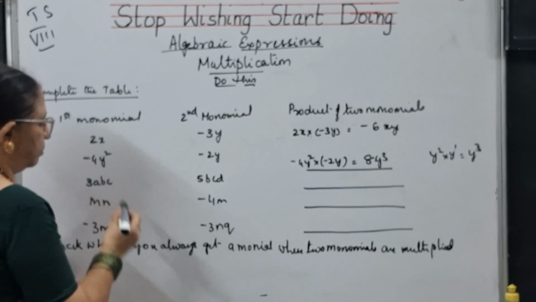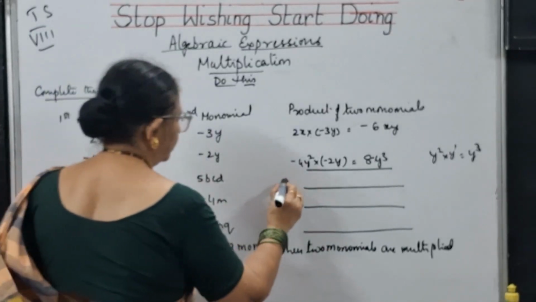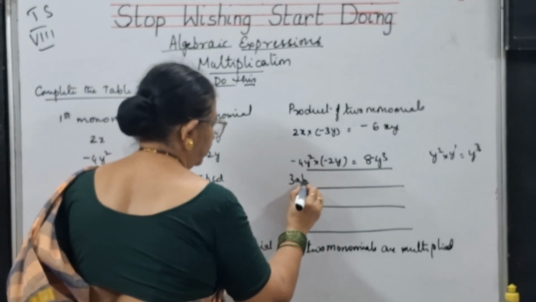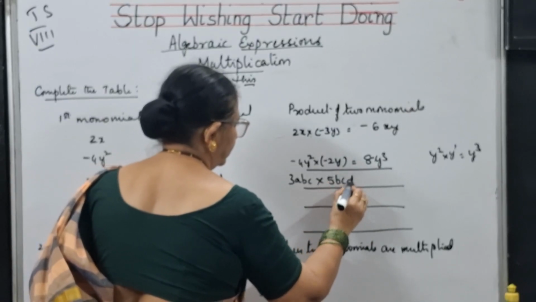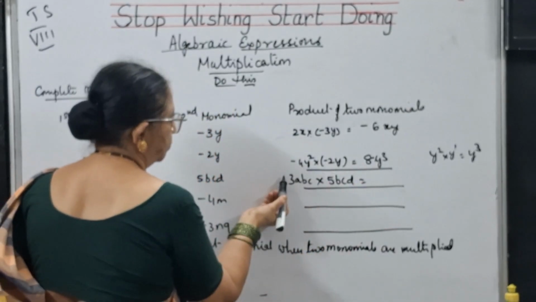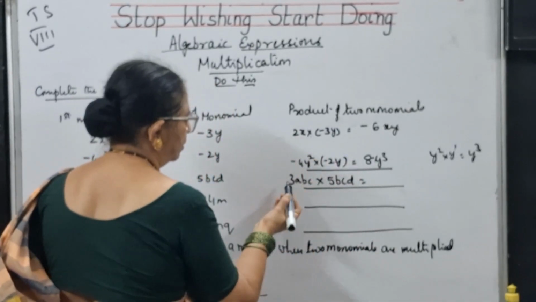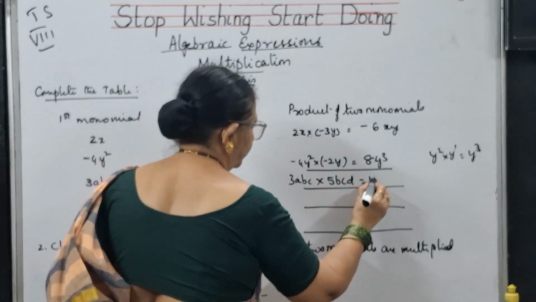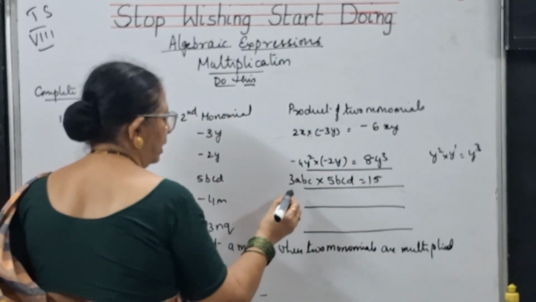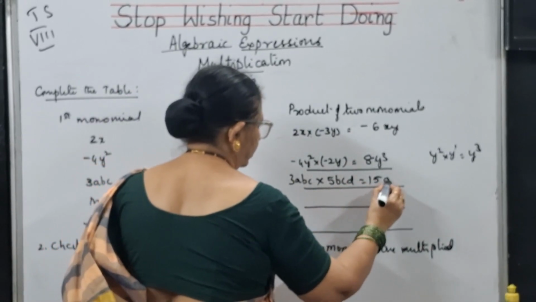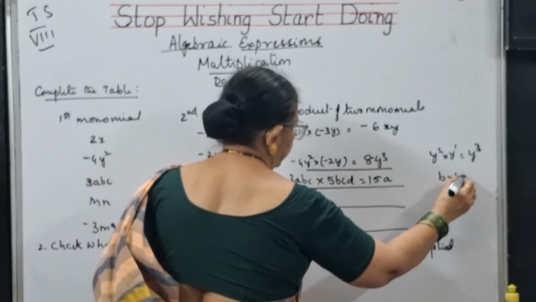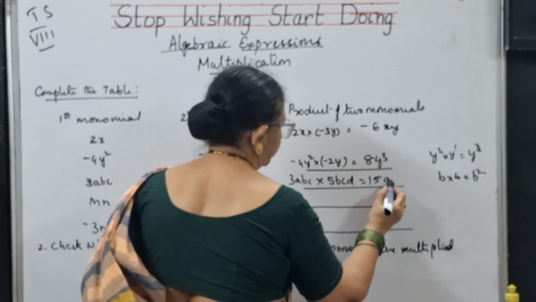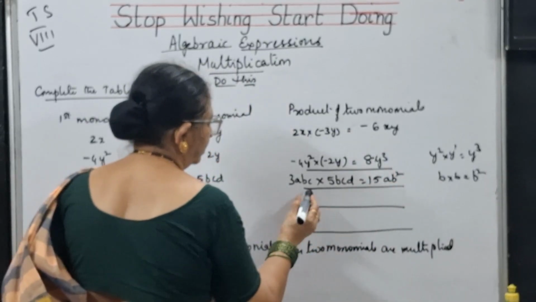Next, 3abc into 5bcd. Signs, plus into plus is plus. 3 5s are 15. There is no a here, so we'll write a. b into b is b square, so I'll write b square here.